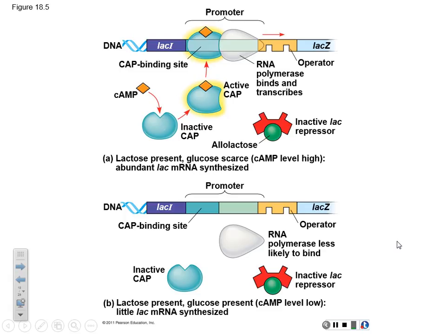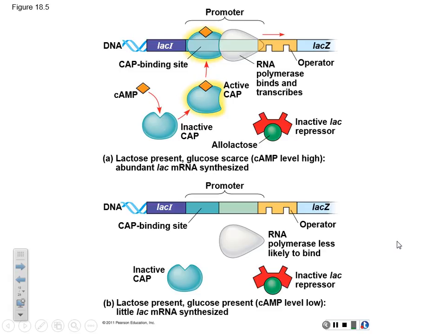But what cyclic AMP receptor protein does is this. If cyclic AMP is present, it binds to cyclic AMP receptor protein. Cyclic AMP receptor protein with cyclic AMP bound to it is in a conformation that makes it want to stick to the promoter of the lactose operon. Okay?